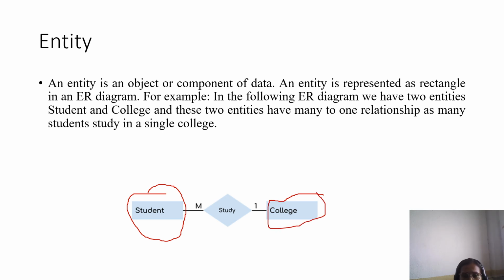Considering the student and college, these are the real world entities, and these two entities have many to one relationship, as many students in a single college are studying. Many students are studying in one particular college is the relationship like M to 1.